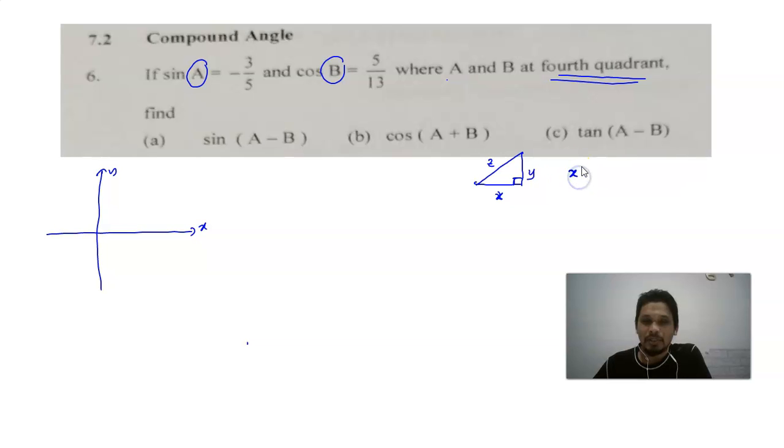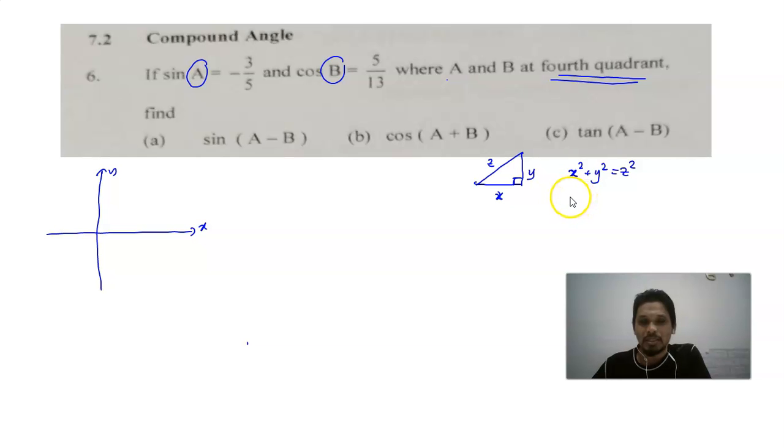Using the Pythagoras theorem, from our previous knowledge, x squared plus y squared equal to z squared. Now for sine, opposite divided by hypotenuse. Sine of any angle equal to 3 over 5, sine equal to opposite divided by hypotenuse.